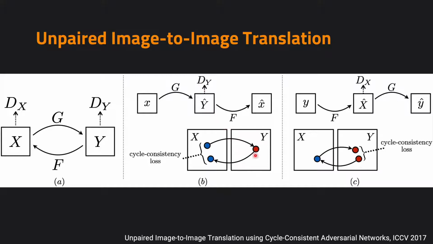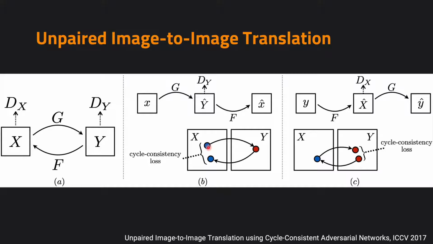At the same time, we do a reverse mapping using F, and map it back to the original domain. Then when it's mapped back, it should look very similar to the original image. And this is what we call cycle consistency.